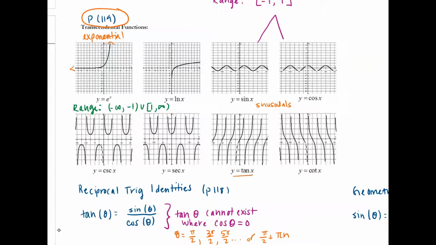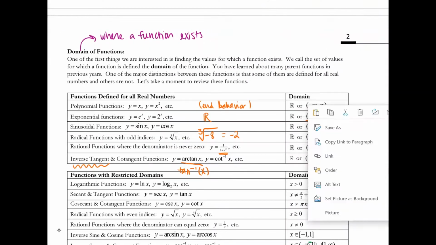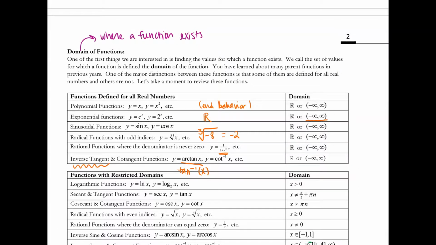If I look at the range of the tangent and cotangent functions, it's not marked on here, but these go on forever. So you could put little arrows on here if you wanted to. The range of these functions is all real numbers. So their inverse functions will have a domain of all real numbers. All right, so this top section, these are all unrestricted.